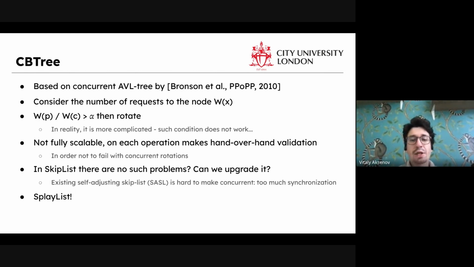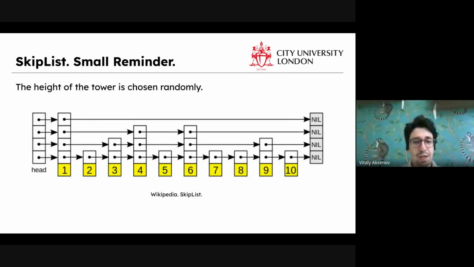Let me remind you of what SkipList is. We have the set of elements, and each element has a tower of random height. It is of height 1 with probability 1/2, then height 2 with probability 1/4, and so forth.